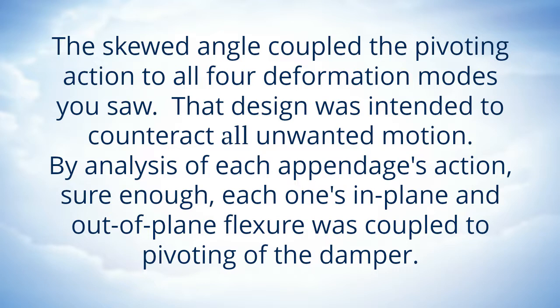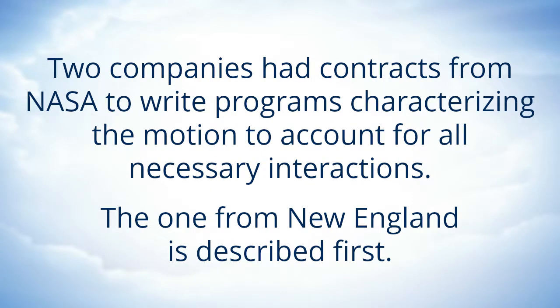That design was intended to counteract all unwanted motion. By analysis of each appendage's action, sure enough, each one's in-plane and out-of-plane flexure was coupled to pivoting of the damper. Two companies had contracts from NASA to write programs characterizing the motion to account for all the necessary interactions.